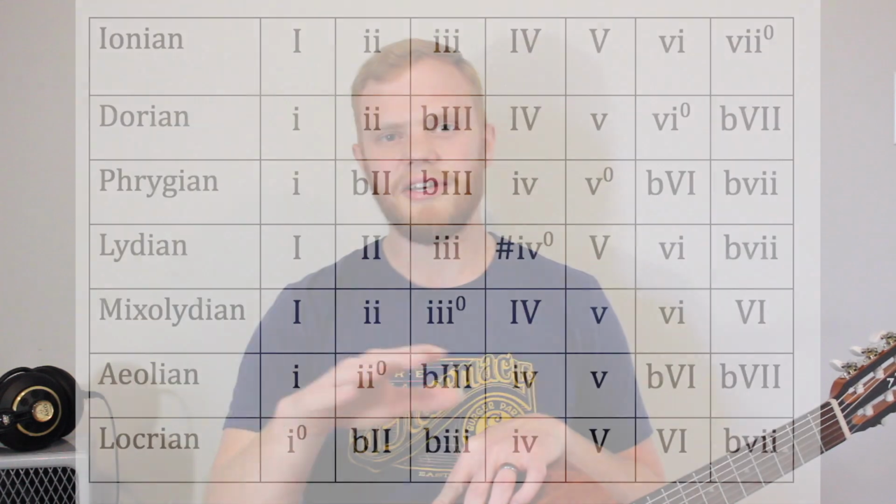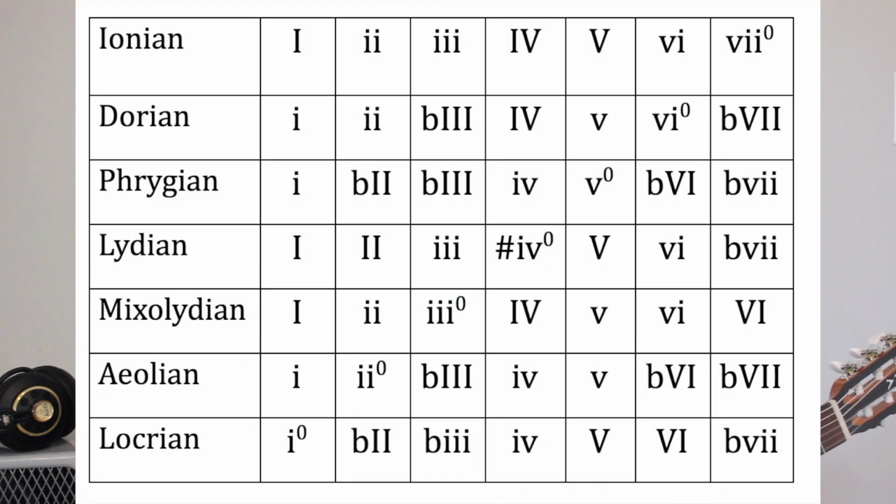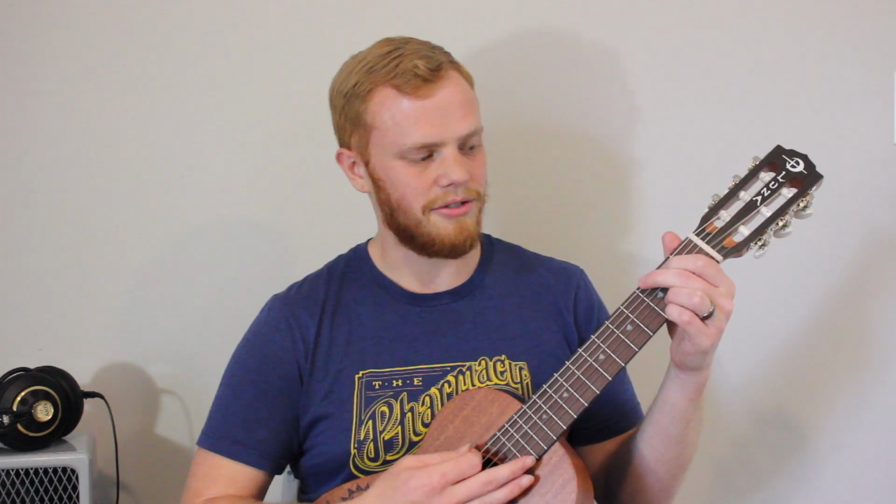Now, modal interchange basically is whenever you substitute or add one of the chords from a different mode, a subset of the major scale, into your chord progression, okay? So let's take an easy one, like G, C, D, E minor, D, G. So just like this.